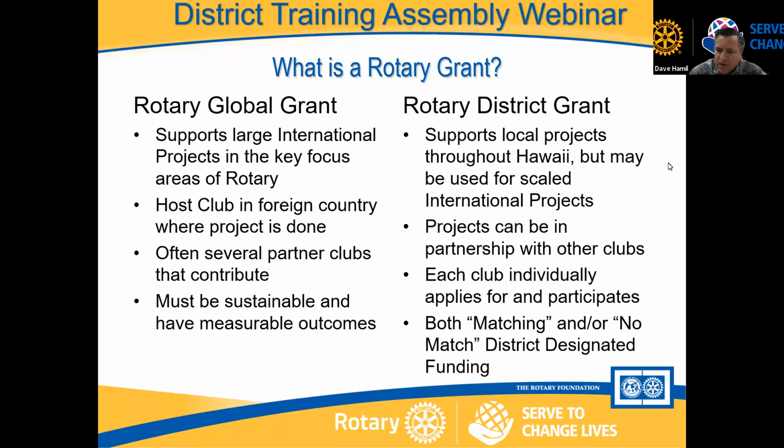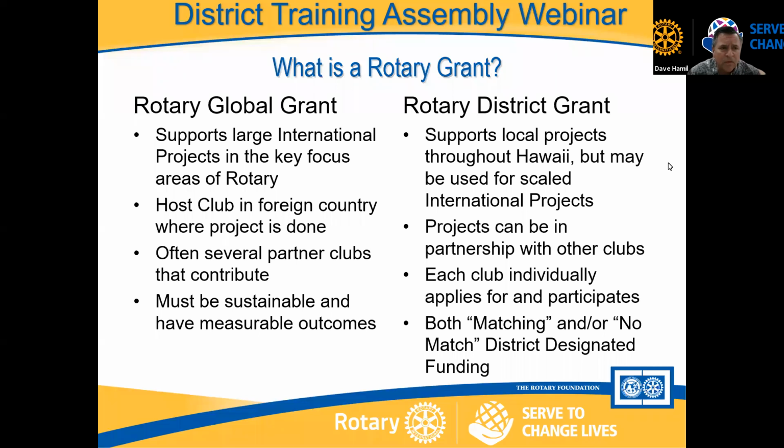And as was previously discussed, a portion of the money that each member of each club gives to the annual fund comes back 3 years later. A portion, 50%, comes back 3 years later, and then the district allocates it back to each club based on the amount of money that each club gave.